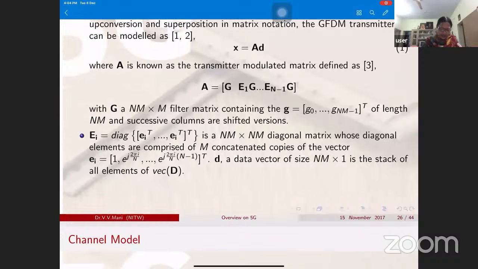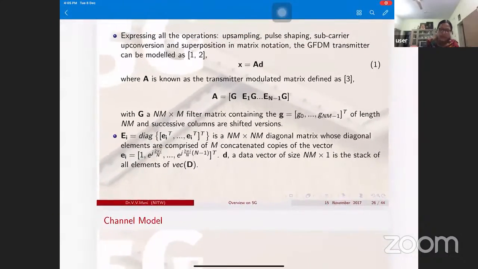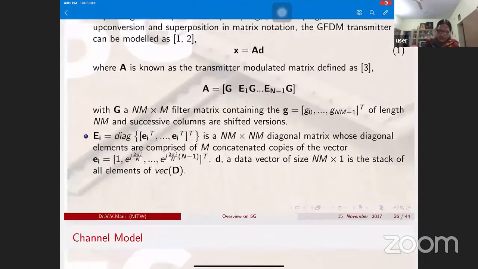And we take a diagonal matrix, an NM cross NM diagonal matrix, whose diagonal elements are concatenated copies of the vector e power j 2 pi by N and so on. And D is the vector of size NM into 1 data blocks we are transmitting over one GFDM symbol, a stack of elements of all the vectors. So we concatenate all these values, and it becomes X equal to A into D.